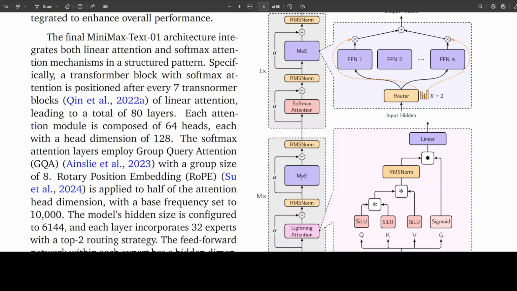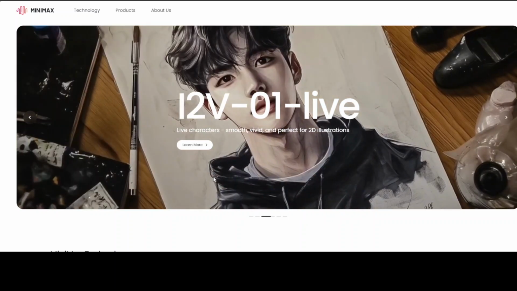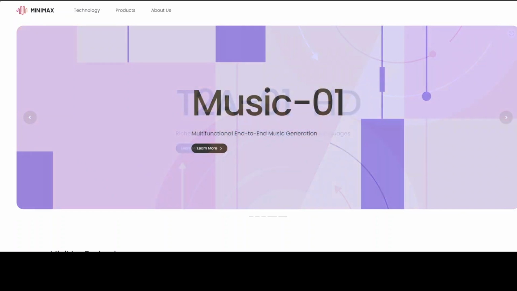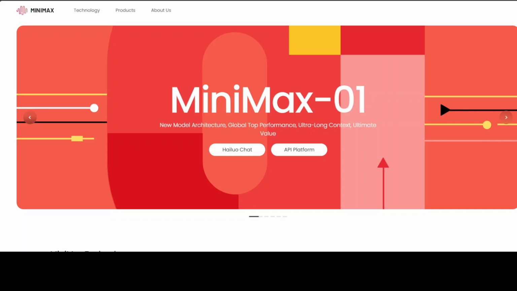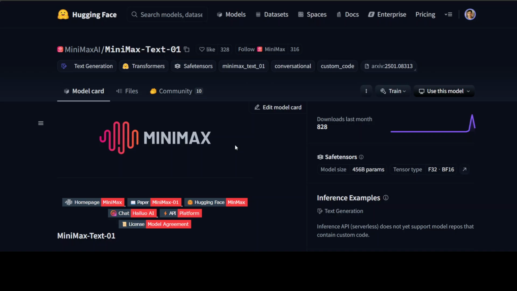Its training context length is extended to 1 million tokens, but it can handle a context of up to 4 million tokens during inference. And it has also shown some benchmarking results on various stuff which you can check out readily on their model card. This is the home page of MiniMax, as you can see here, but I'm more interested in testing it out.